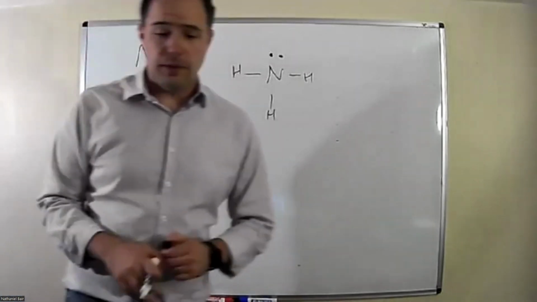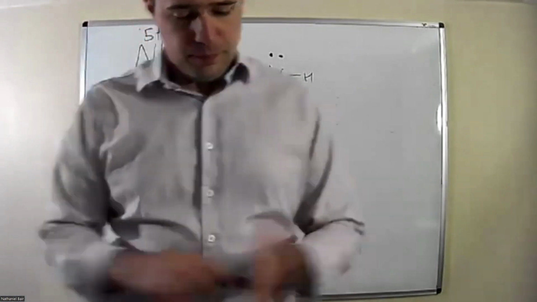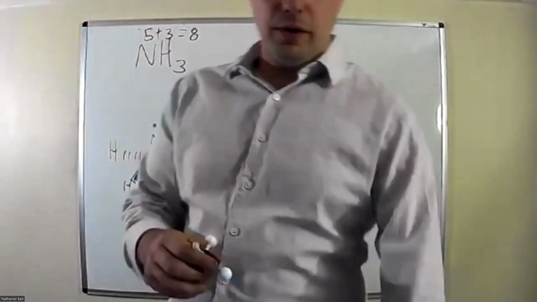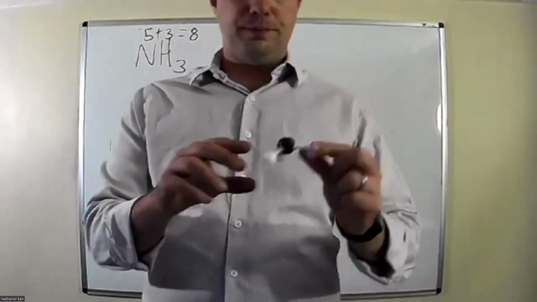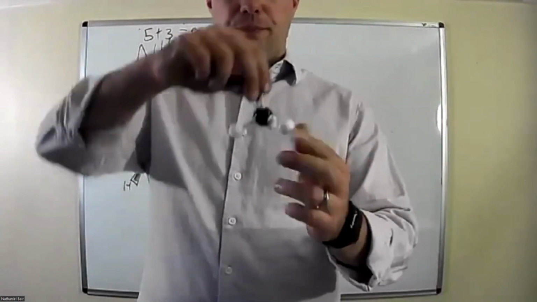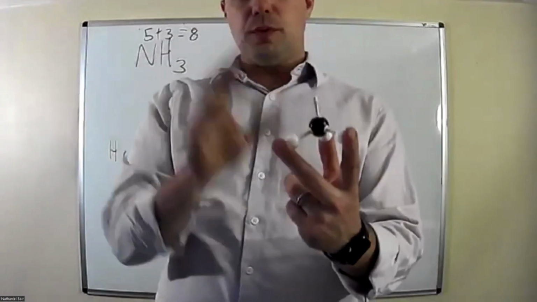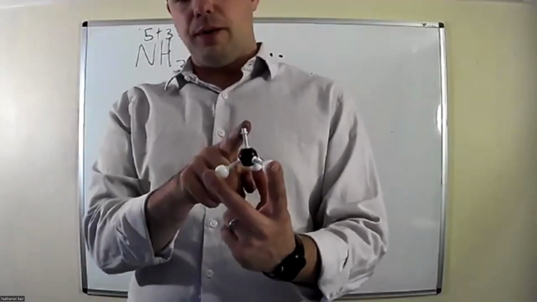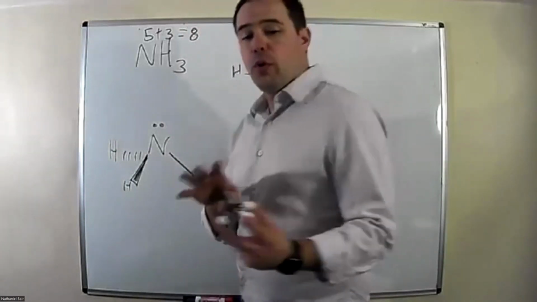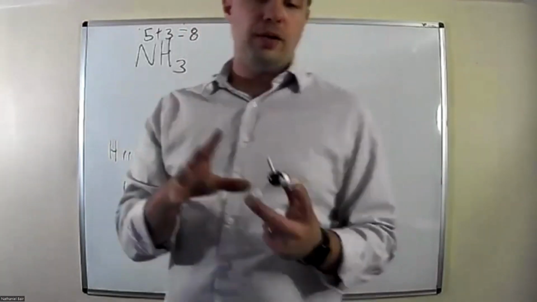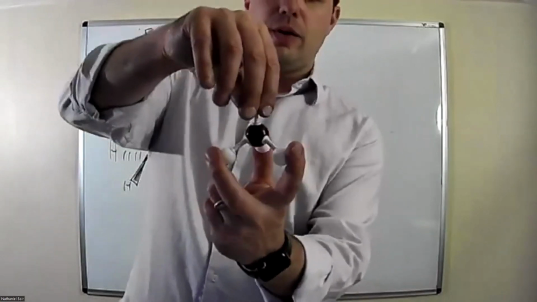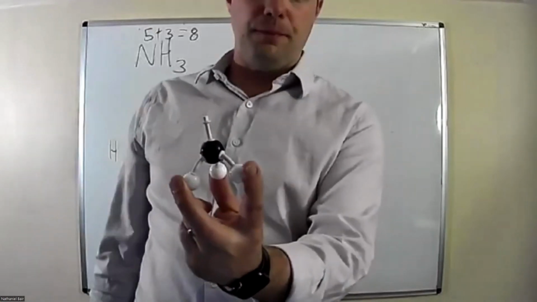Now let's talk about the angle. If you have tetrahedral, and you replace one of the bonding groups with a lone pair, here's what's happening. This was my tetrahedral. This was my CH4. But now I've replaced one of the bonding groups with a lone pair. The whole point of VSEPR theory is that lone pairs need more room than bonds. So this lone pair smashes these bonds down.